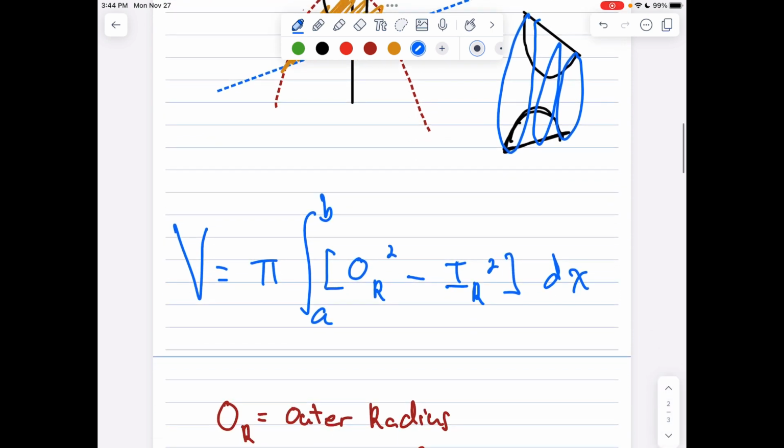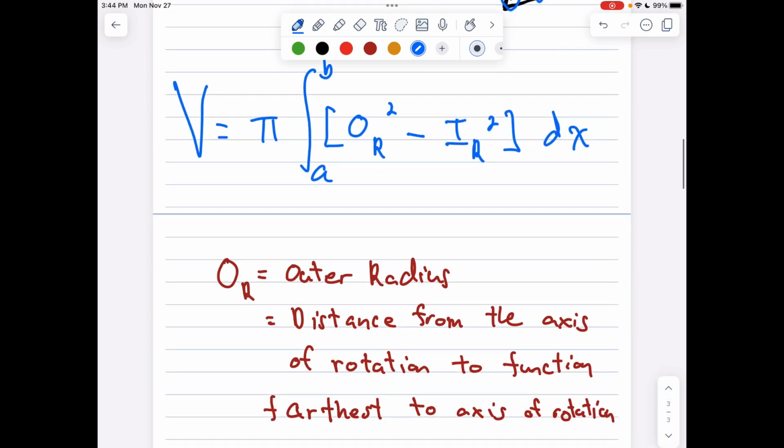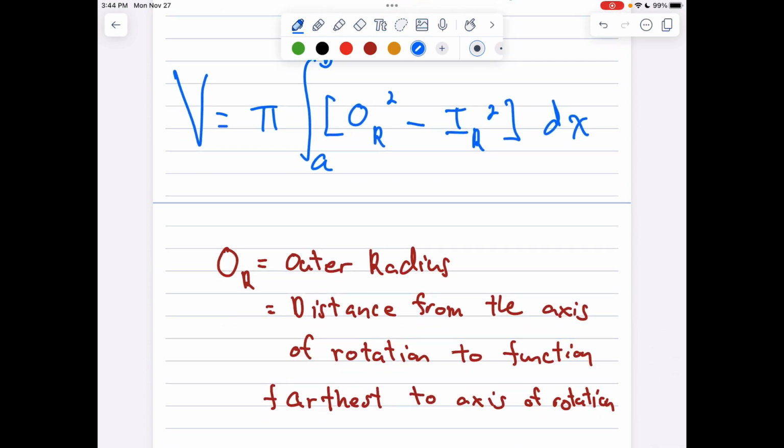We have this equation right here, which is volume equals pi times the integral from a to b of OR squared minus IR squared dx or dy. Now, what is R and what is IR? OR stands for the outer radius, which is the distance from the axis of rotation to the function farthest from the axis of rotation.